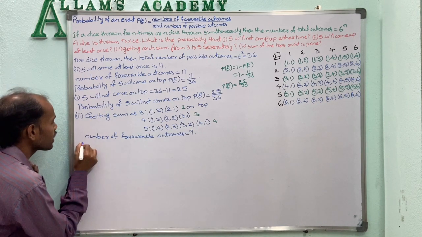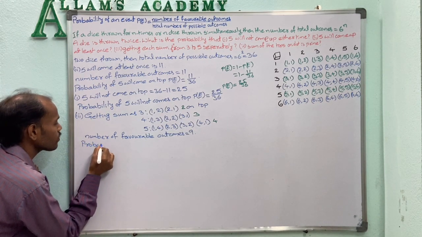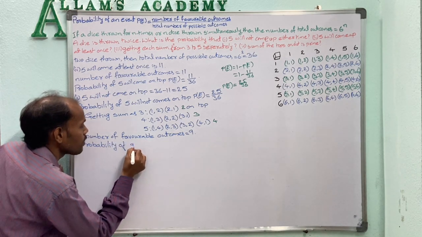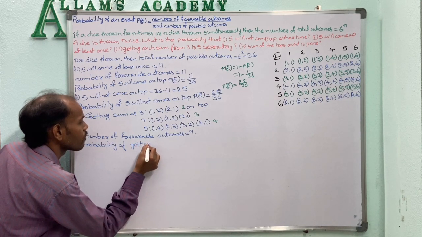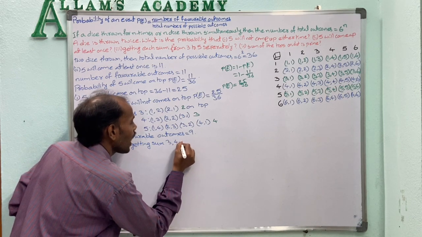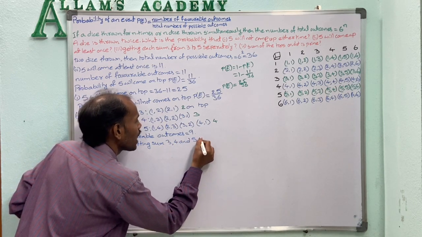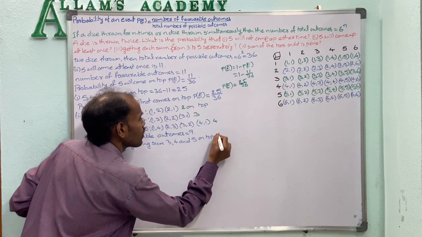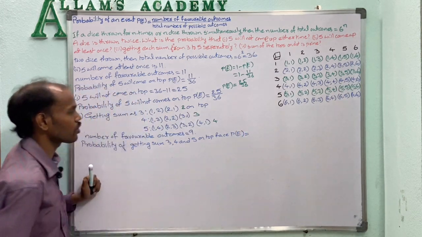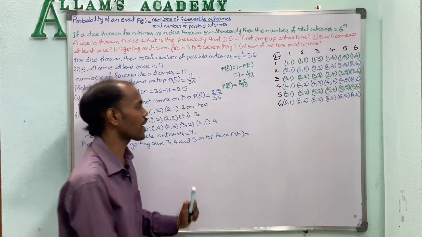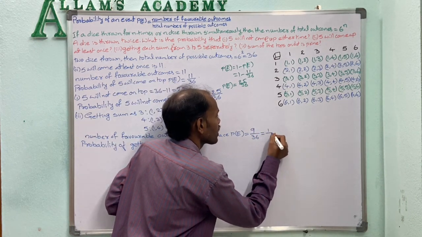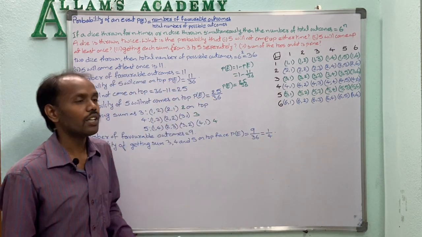So the probability of getting sum 3, 4 and 5 on the top face is equal to number of favorable outcomes by total number of possible outcomes. Here favorable outcomes are 9 and total number of possible outcomes are 36. So 9 by 36, on simplification, we get 1 by 4.